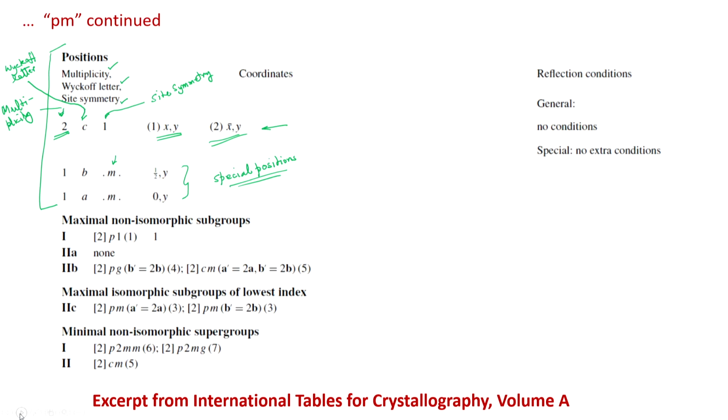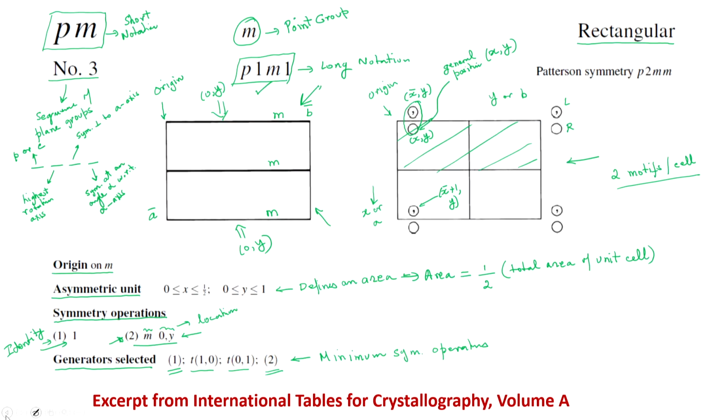So, how does that matter? Well, I could go to this diagram and try to understand this. Suppose I put a motif here, the reflection operation reflects it; or I put an atom, the atom gets reflected. But if I put this atom directly on the mirror plane, when the mirror operates on it, the single atom coincides with itself.